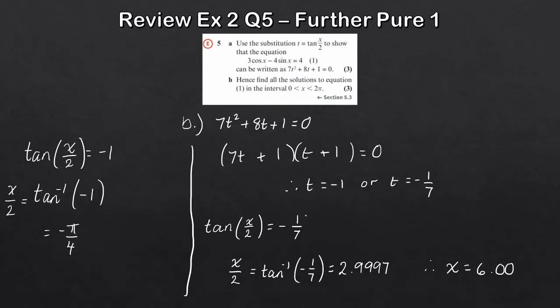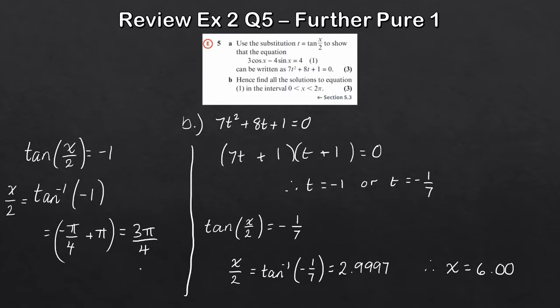But like I was saying here, you need to add pi to your solution. So you can do that depending on however you're confident. So if you're using your cast diagram or another method, whether it be graphically, that's absolutely fine. But make sure you add pi to these solutions, which comes out to giving you 3 pi over 4.